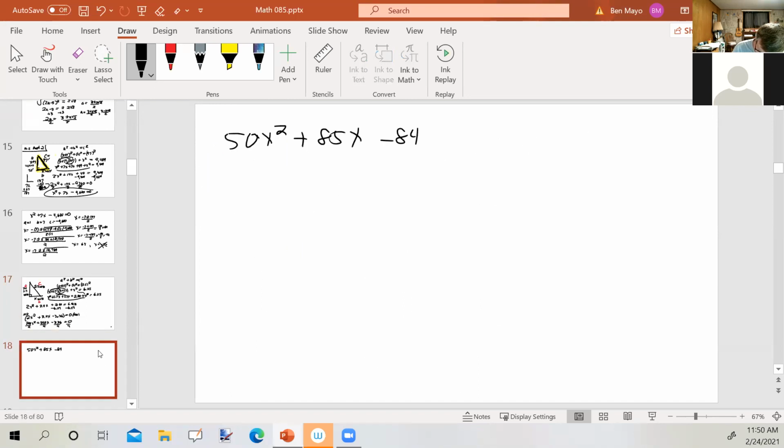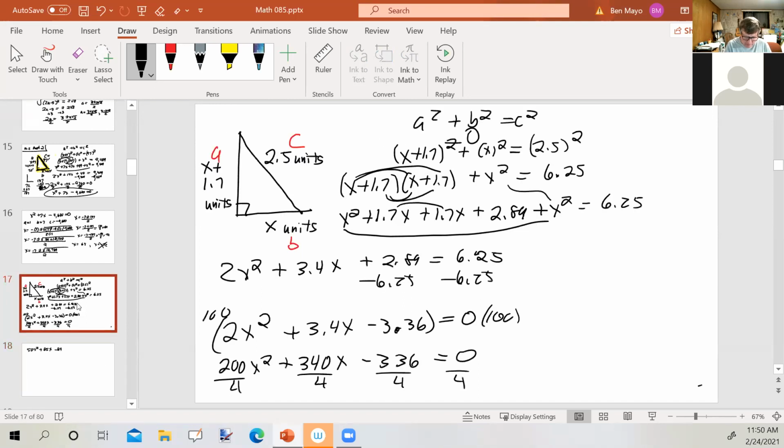And then that equals 0. So going back, what did I do? I got my equation, multiplied by 100 to clear the decimals, divided by 4. So I could have just multiplied by 25 instead of multiplying by 100 and dividing by 4, but that wasn't so easy to see.